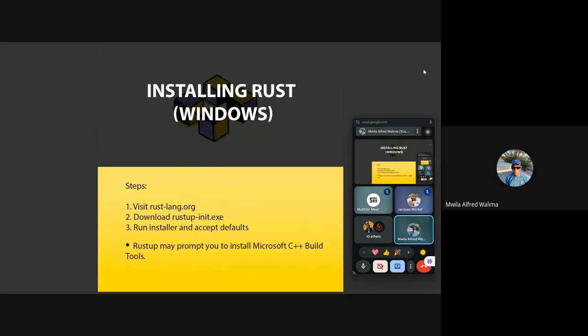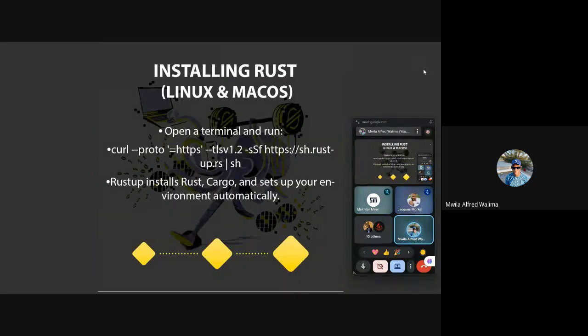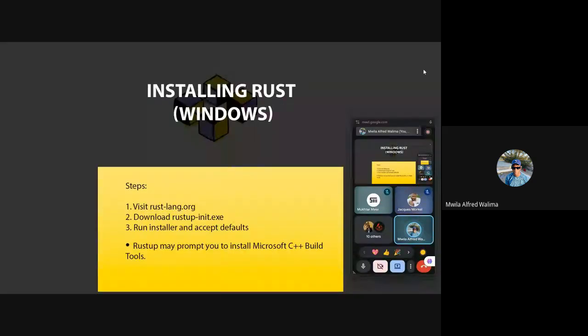So the slide skipped the installation process for Linux and Mac OS, but I don't use Linux or Mac OS. I use Windows, and on Windows mostly you need the Linux subsystem to easily install Rust, but there are ways of also installing it without the Linux subsystem.